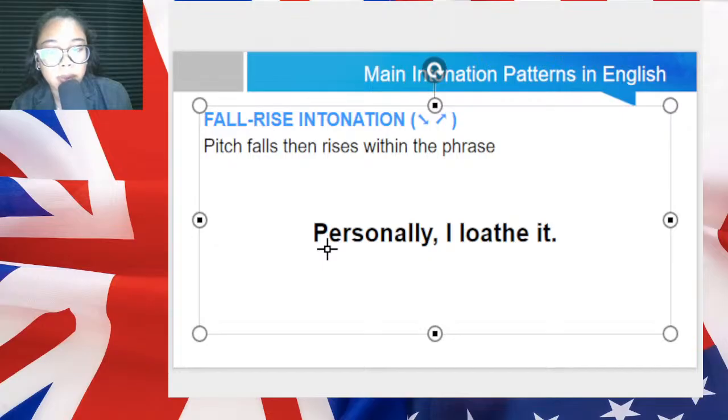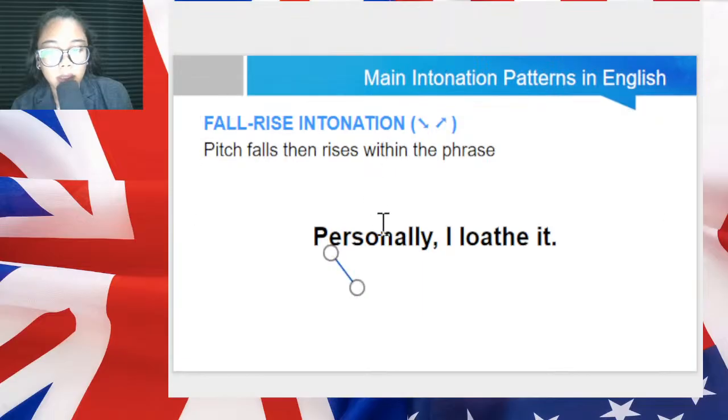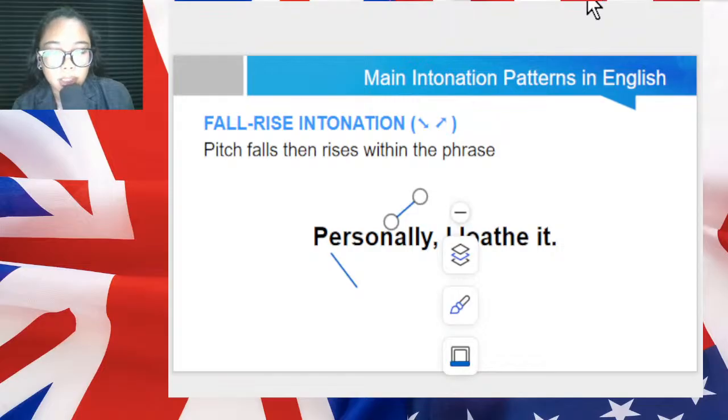It would first drop in pitch, which is in "per," and then it would immediately rise again. "Personally." Okay, so that's it.